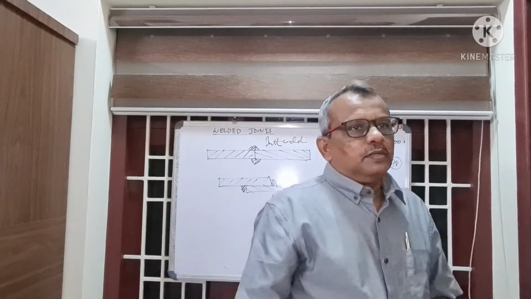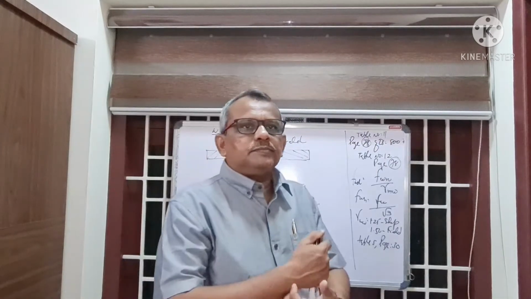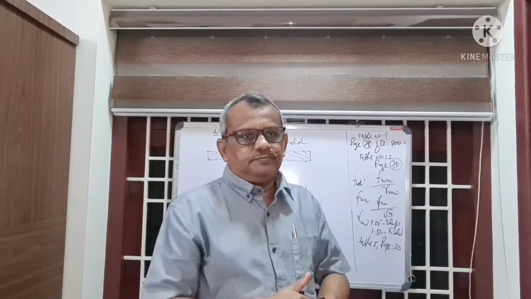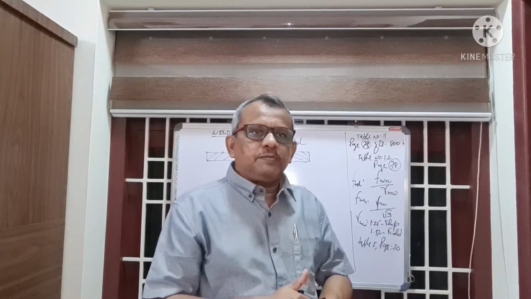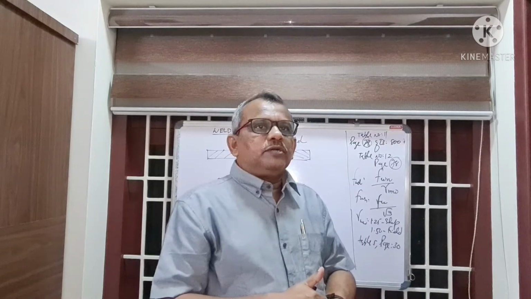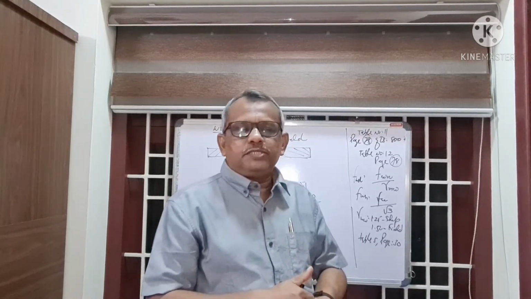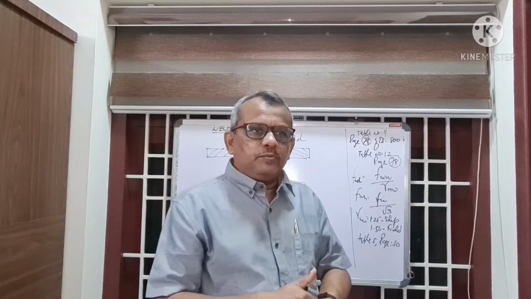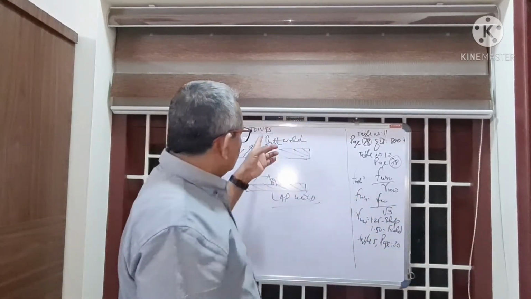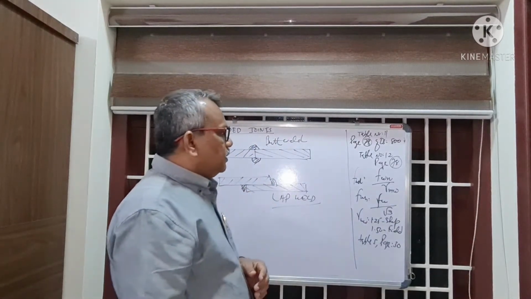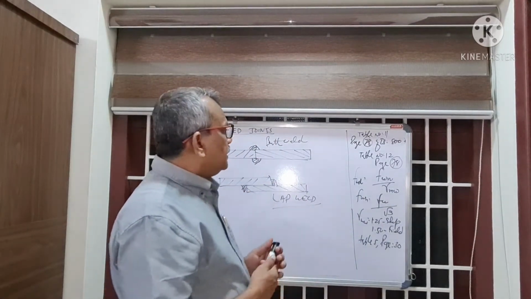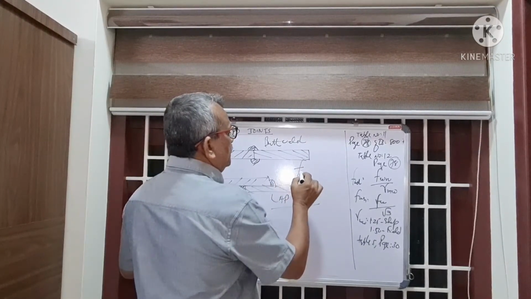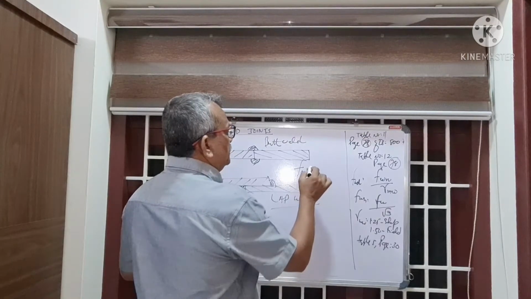Here also we can find out the design shear strength of a welded joint. In the last video we discussed the design shear strength of a bolt, and also the design bearing strength of a bolt. Now in this case, if it is a welded joint, we can find out the design shear with the formula FWD.